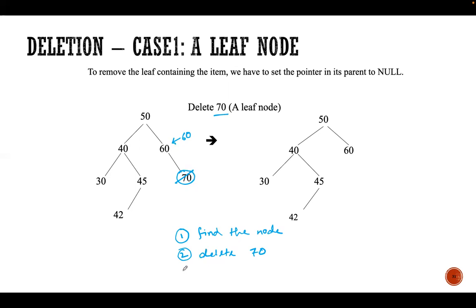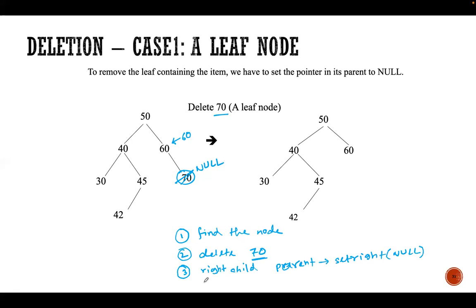So if the node that we are deleting is a right child, then we are going to set the parent's right to null. Instead of 70, we assign this value null. So now 60 doesn't have any right child, because the right child pointer is pointing to null.